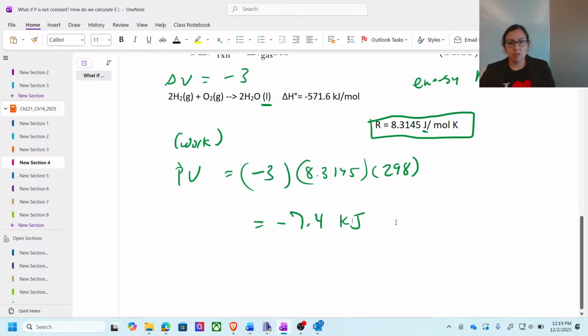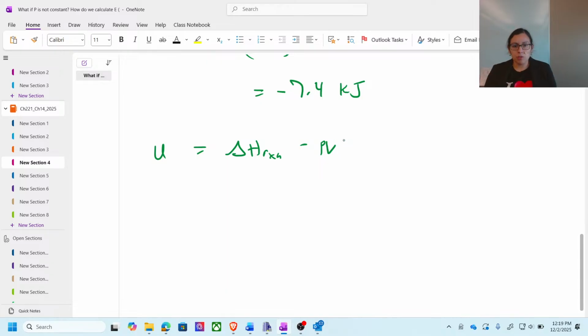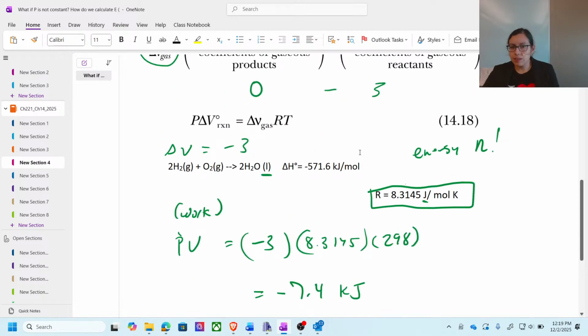And so again, most properly, our true internal energy is equal to our delta enthalpy of our reaction plus our pressure volume work. And so truly, the corrected answer would be, we can take what we found our change in enthalpy to be, right?